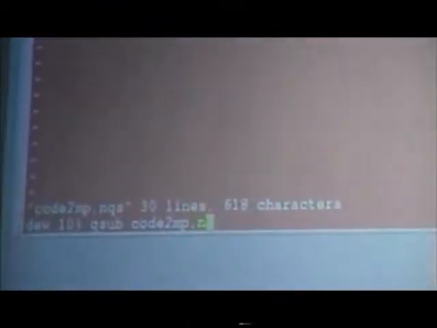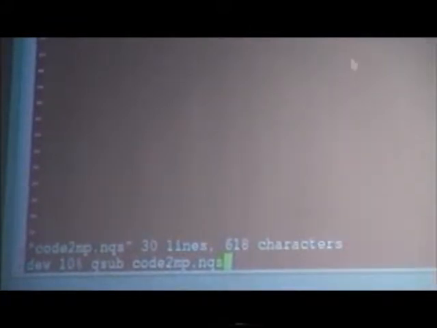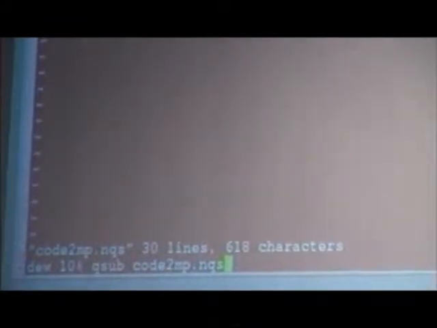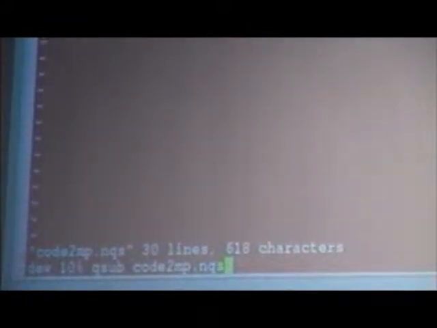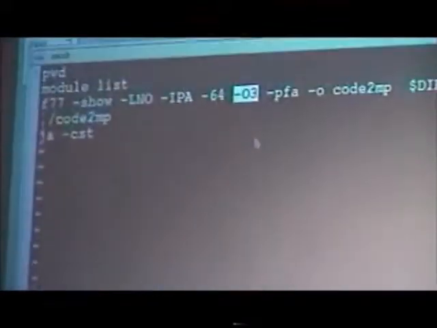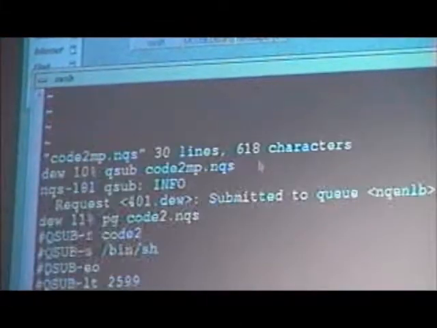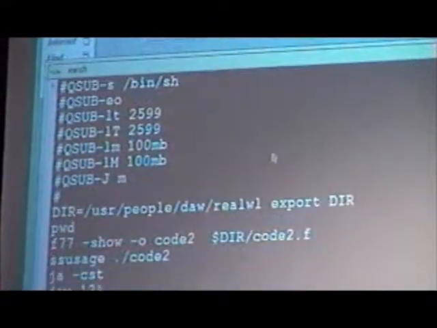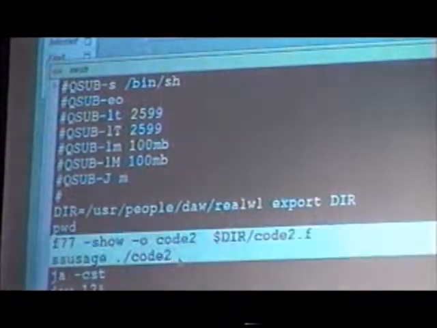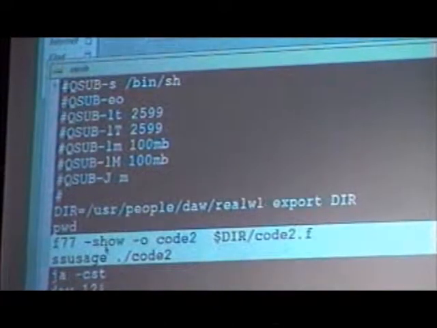So, in answer to your question, we used a -O3 on the job. The original ones, take a look at code 2.nqs, and that's why I'm compiling in each run. Here, I just did a show, but there were no options on it. It was a default compiler.